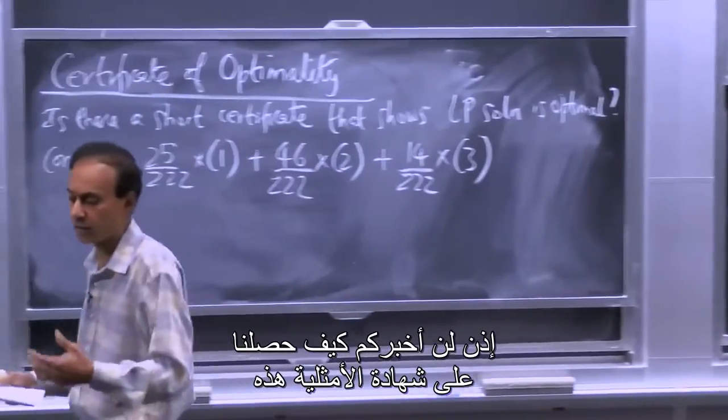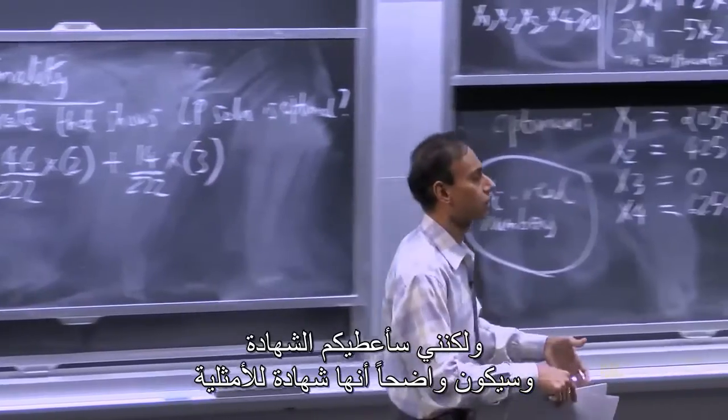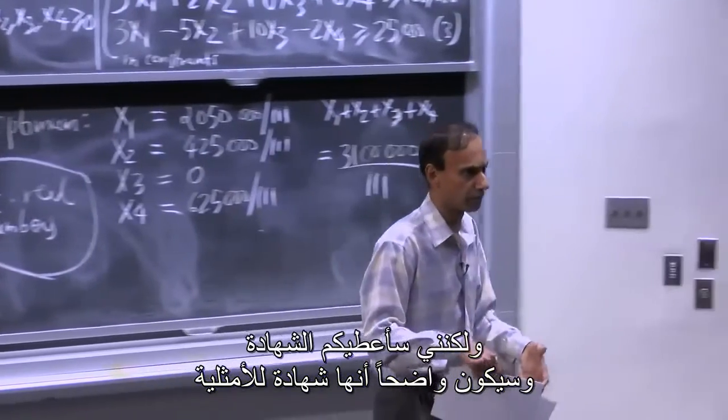I'm not going to tell you how we get this certificate of optimality, but I'm going to give you the certificate, and it's going to be clear that it's a certificate of optimality.